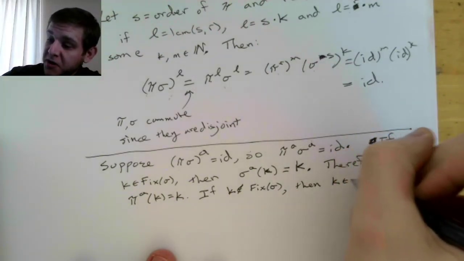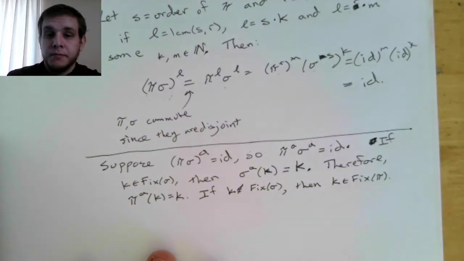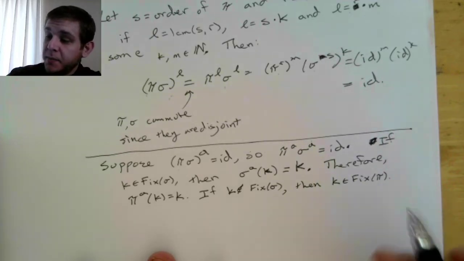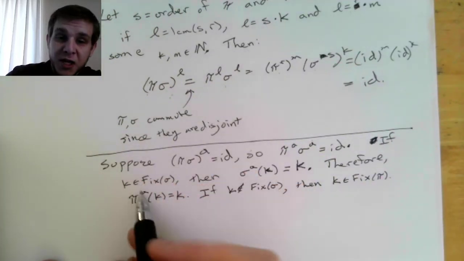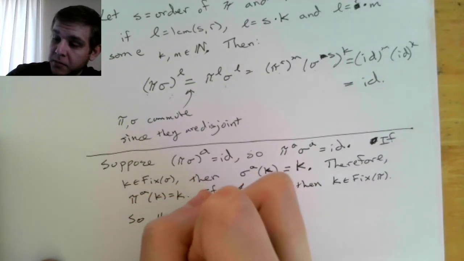So it has to be fixed by pi. But if it's fixed by pi, then raising pi to the 8th power on K is equal to K again.